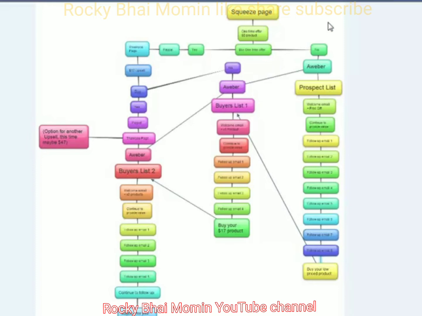Now the first tip is, on your one-time offer page, you mustn't offer them the same product within your emails at the same price. Say you offer them a $5 product on your one-time offer page, and in your follow-up sequence emails you're trying to sell this same product, which is completely fine.